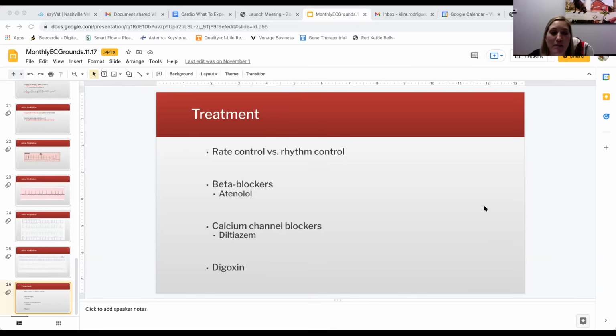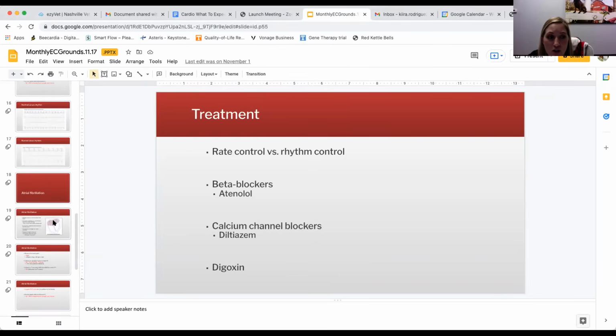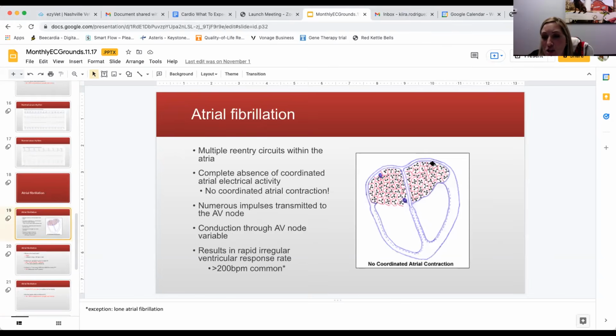One of the main factors for the development of atrial fibrillation is the size of the atria, or just your overall mass, because it has to be large enough to sustain those reentrant circuits. So we see AFib most commonly in larger breed dogs, because they have larger atria to begin with, and if they have dilation on top of it, it makes them even larger. And horses, one of the common species in which we see lone AFib, have atria that are so large to begin with.